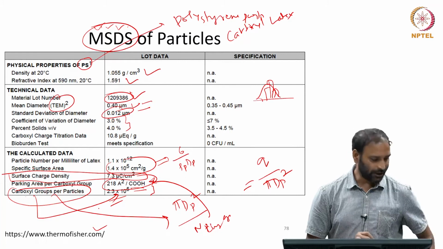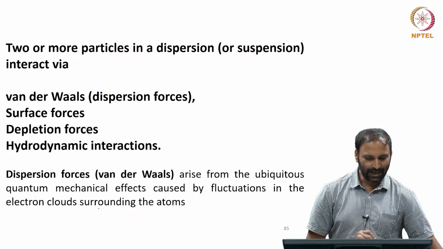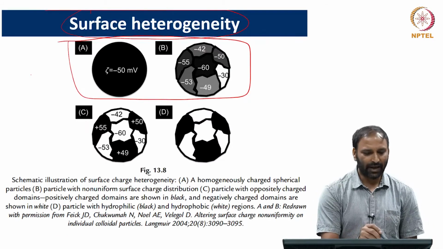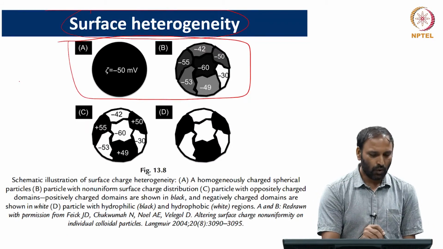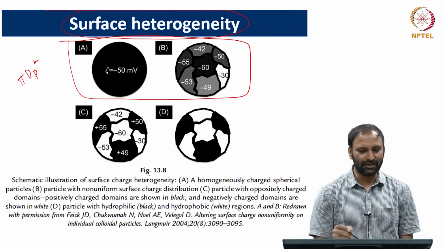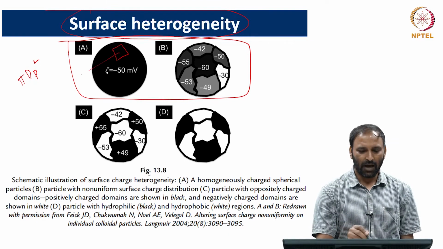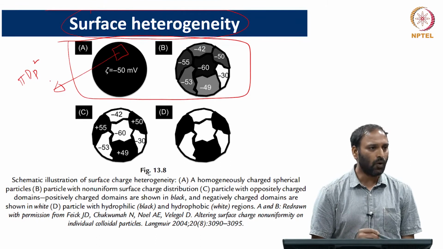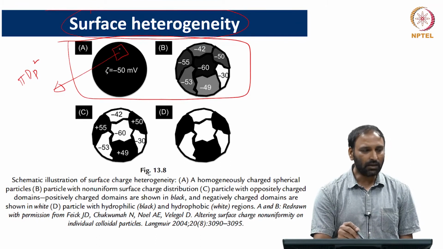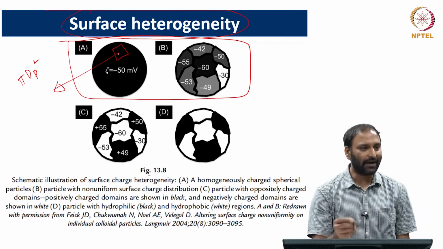Now, I can do a similar exercise. I have a particle whose surface area is pi dp square. I can take different regions, I am going to take a small section on the particle surface, and ask what is the total number of carboxyl groups in that area.